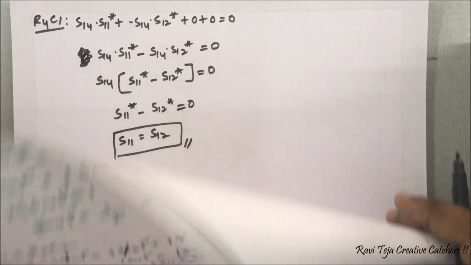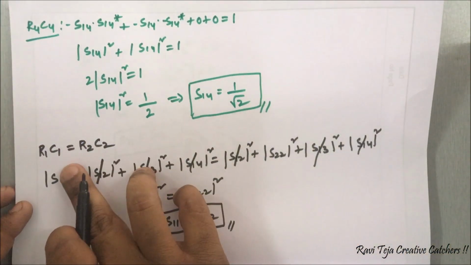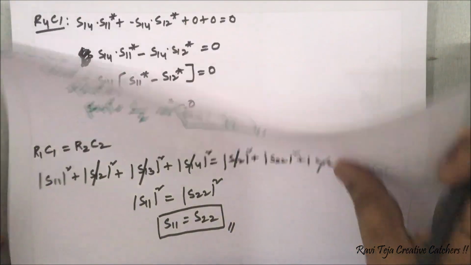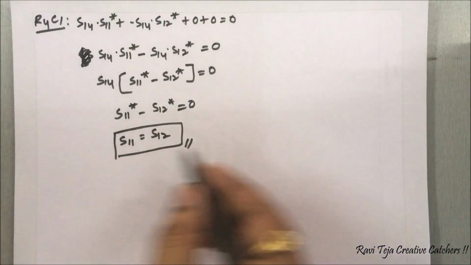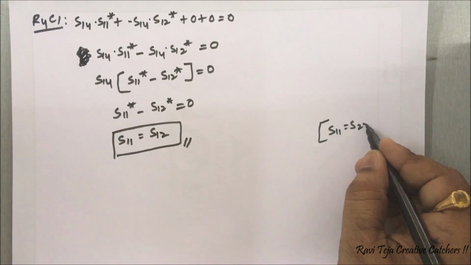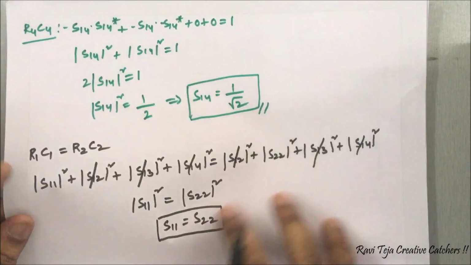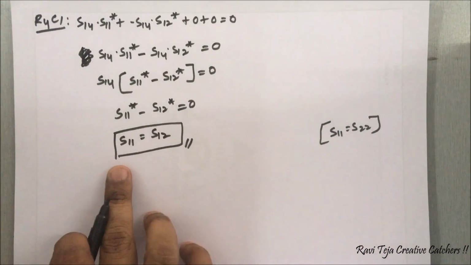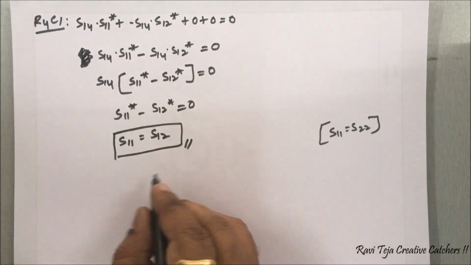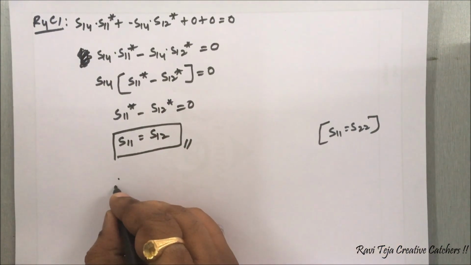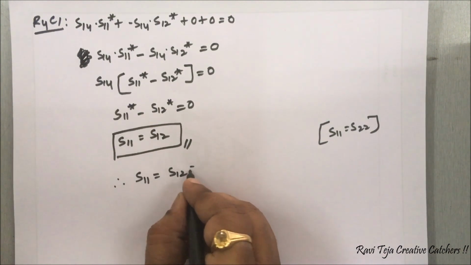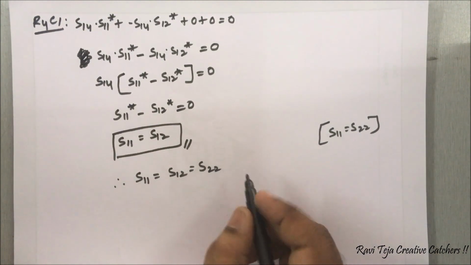In the previous calculation, R1C1 equal to R2C2, we got S11 is equal to S22. Now in R4C1 we got S11 equal to S12. So from all these we can write, therefore S11 is equal to S12 is equal to S22.